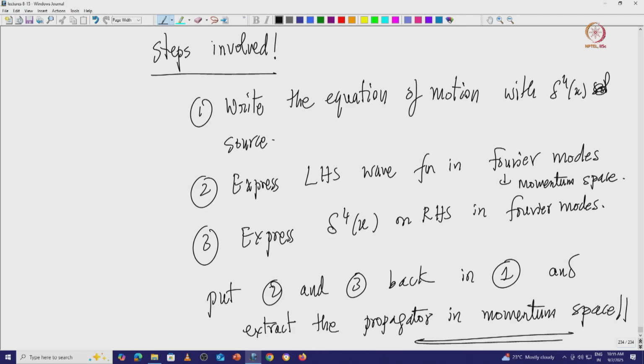In regular courses you are taught to derive the propagator either by canonical quantization of the field and then computing the 2-point correlation functions, time ordered 2-point and so on, or by using path integral methods. These are the two methods we typically use to derive the propagators in quantum field theory.